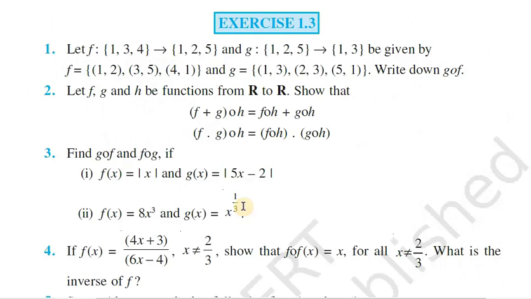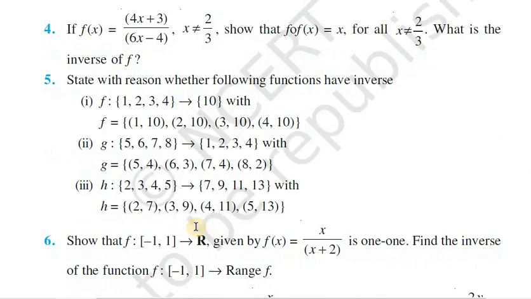Similarly, I would like you to do exercise number 3(2). Now you see question number 4. Here f of x is (4x plus 3) by (6x minus 4), with x not equal to 2 by 3. Show that f of f is equal to x, so what is the inverse of f here?